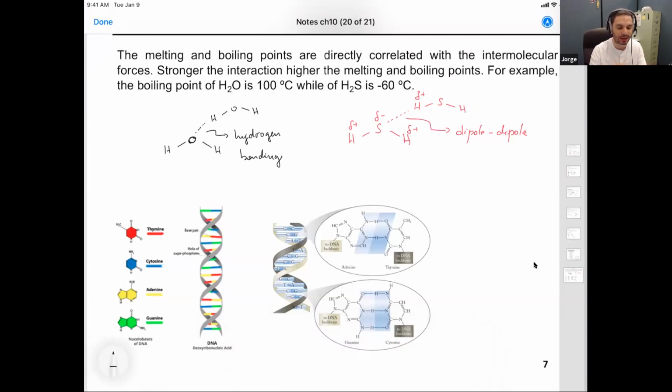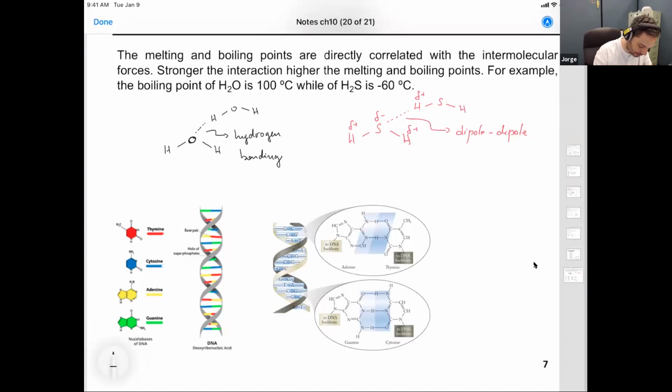We have T, C, A, and G. Note here that in the structure of the nitrogenated bases, we usually have an NH2 group, so nitrogen bonded to a hydrogen. This has the potential to interact with another base through a hydrogen bonding. And that's how the DNA is held together.